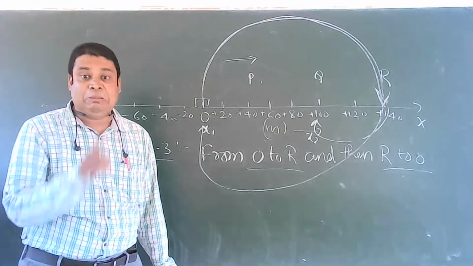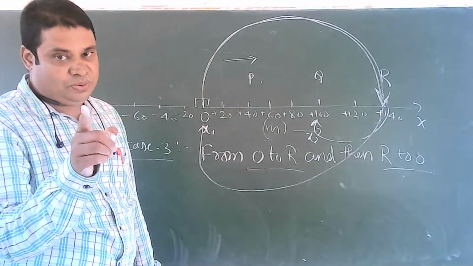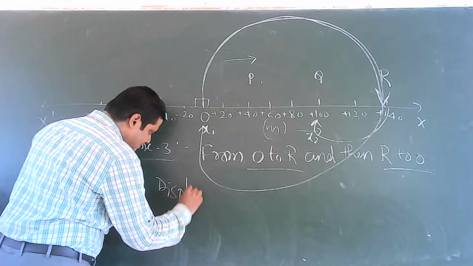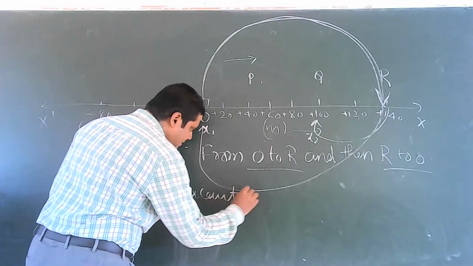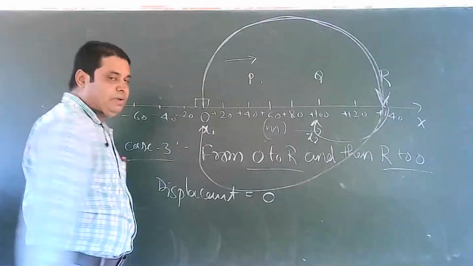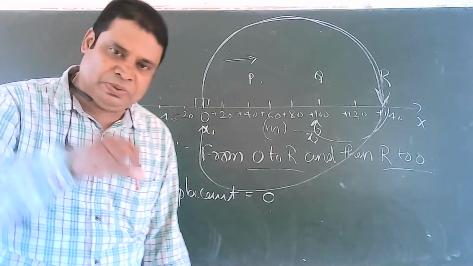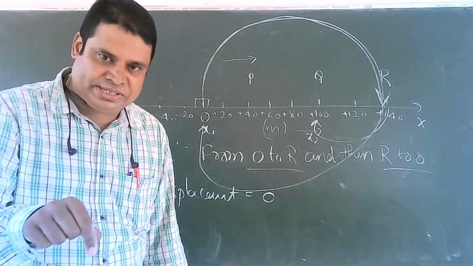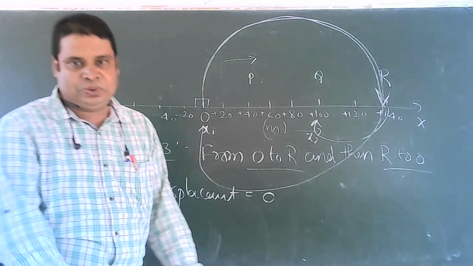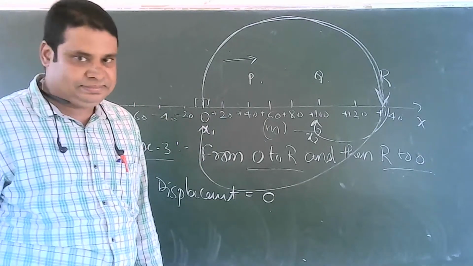What is the magnitude of displacement? It is 0. Why? Because your initial position coincides with the final position. Net displacement is 0. There is no displacement.